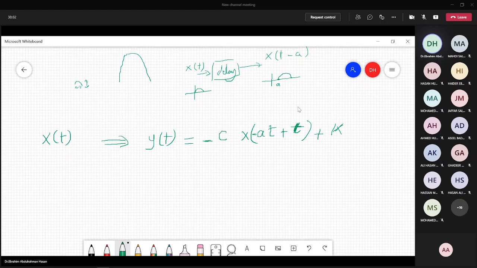What is the effect of all these on the original signal? Someone tell me, what is the effect of this minus? What does it do? Shift? No, it doesn't shift. This minus reverses. How does it reverse?